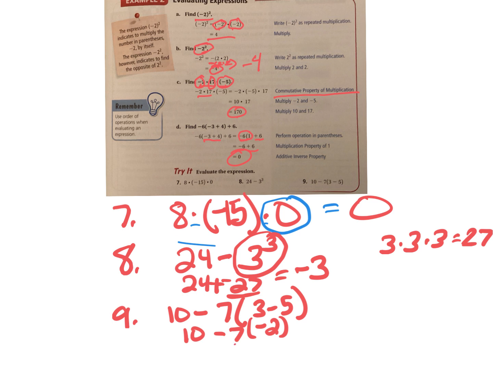Now we're going to do the 7 times negative 2. 7 times negative 2 is a negative 14. So now we have a 10 minus a negative 14. And when I get to that, I want to add the opposite. So 10 plus 14 is 24. Okay.